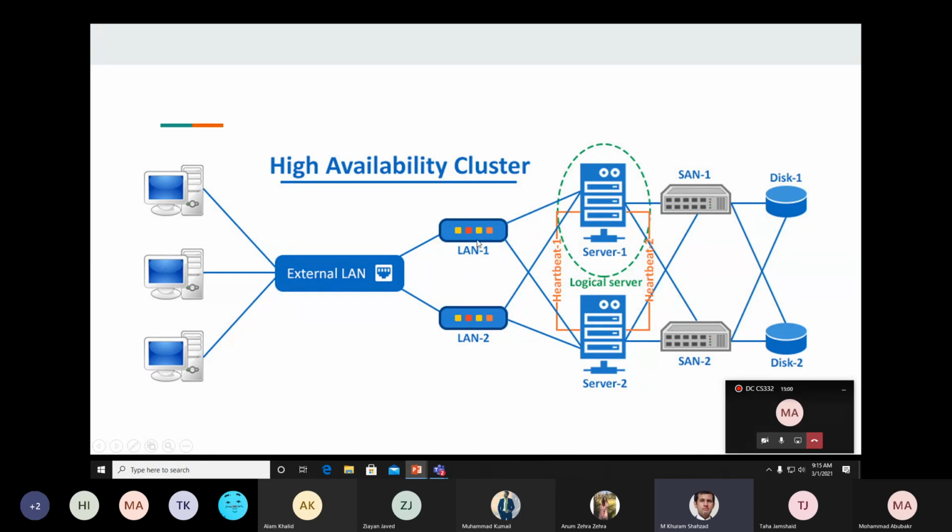You can see that this LAN is connected with both of the servers, and this LAN 2 is also connected with both of the servers. If any of these servers fails, or even a LAN fails, there is also a fully connected network available. So yes, these are being done in parallel.